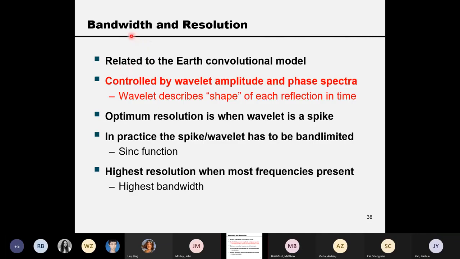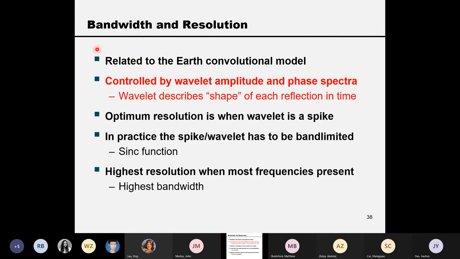So let's see more examples before we talk about that. Why do we need a multiplication? Because we try to enhance the signal or remove something we don't want, right? One of the objectives for seismic processing is to try to enhance the resolution or increase the bandwidth.